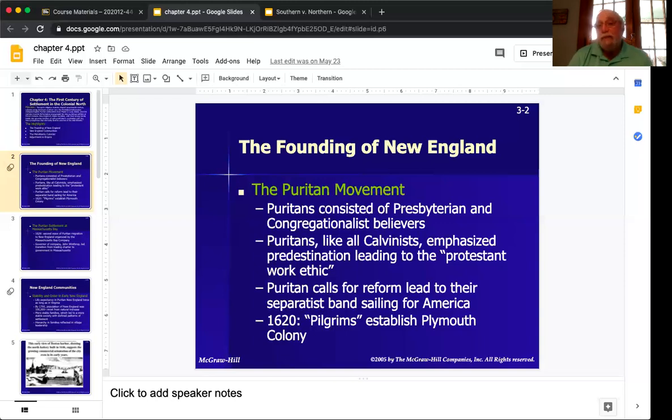So what happens is that the people who form the colonies, the early people, they're the ones who become prosperous. They have the best farms, and the people that are coming in have a harder and harder time. And again, it's like I was talking about with the Southern experience.